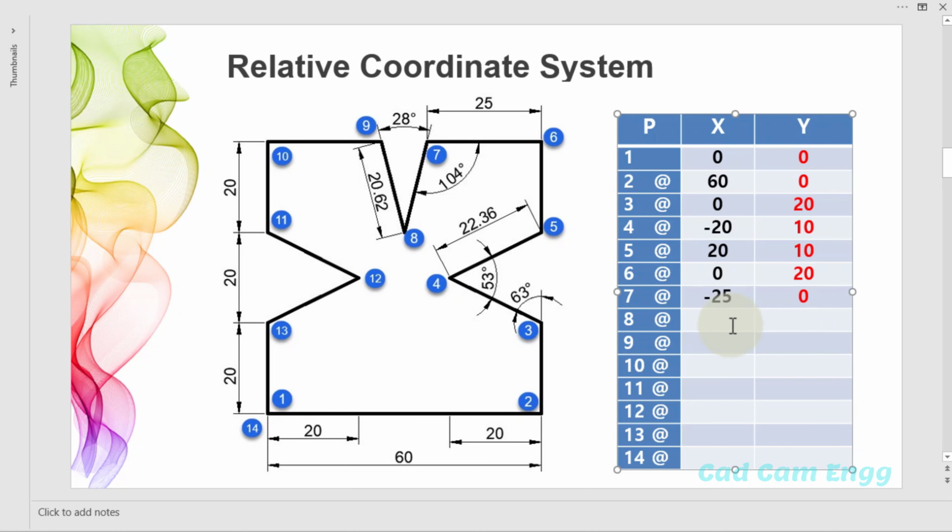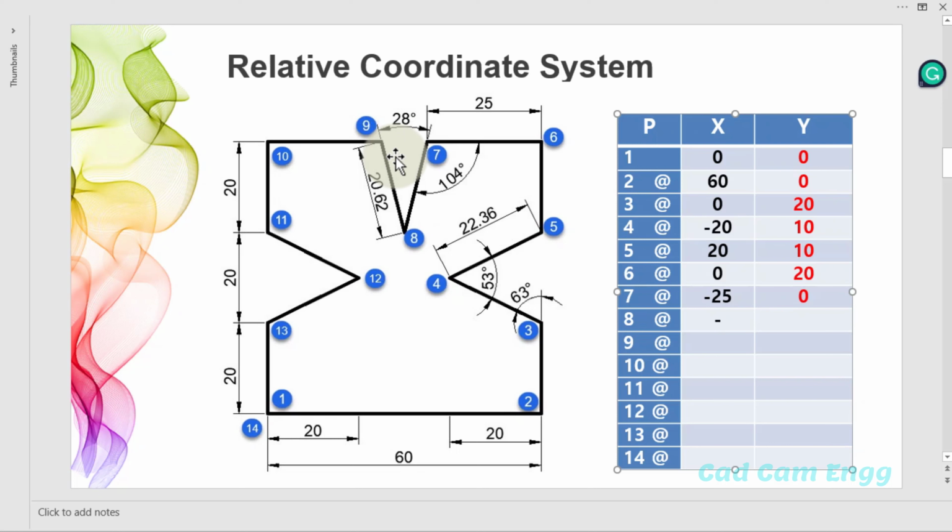Next, point number 8, same as point number 4. Point number 7 to 8 is an inclined line, so we give both x-axis and y-axis values in minus. First the x-axis value: this side 25, here also 25, so the total length is 60. 25 plus 25 is 50, so the in-between value is 10 mm, and the middle value is only 5.